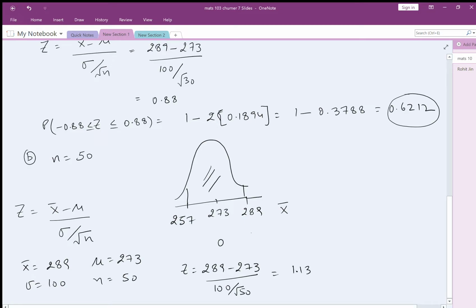So this z-score is 1.13, and this is negative 1.13. If you go back to the z tables and look up negative 1.13, the area on the left of negative 1.13 is 0.1292, and so this is also going to be 0.1292.